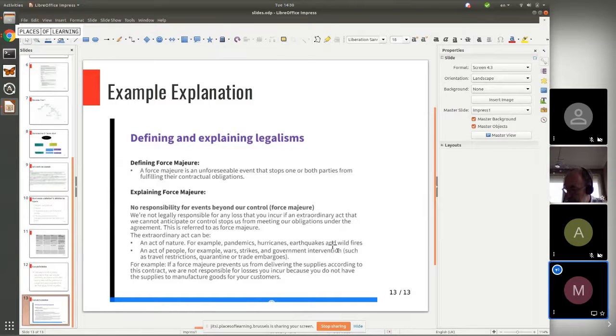So we keep the word and we explain it, because otherwise, if we replace it, we would be altering the power relationship in the contract. So this is a word that we need to leave. If we delete it, it alters the power relationship in the contract. So we need to keep it, and we need to explain it.